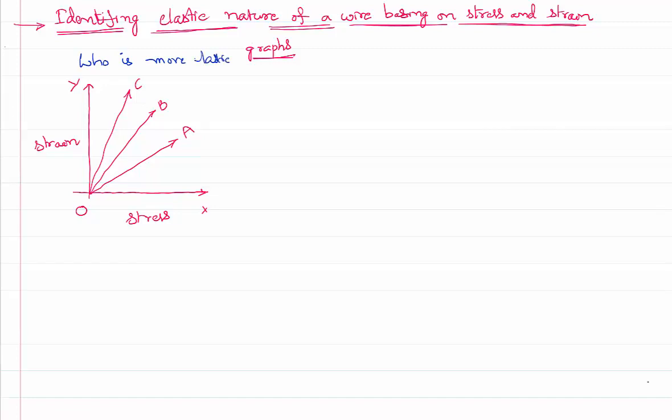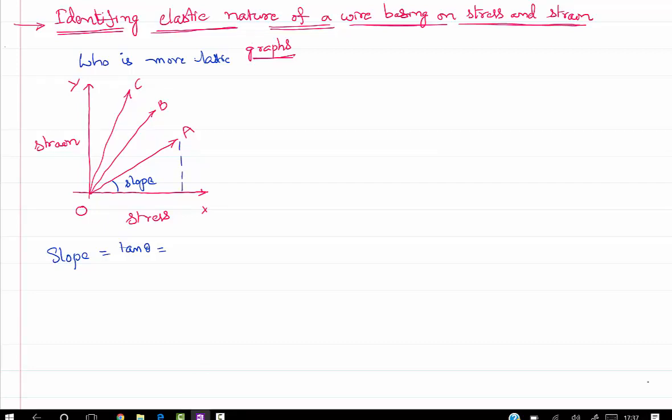Look at the graph. The graph is taken between stress and strain. If I find the slope of the graph, slope of the graph is nothing but equal to tan theta. So tan theta for this graph is opposite side by adjacent side.